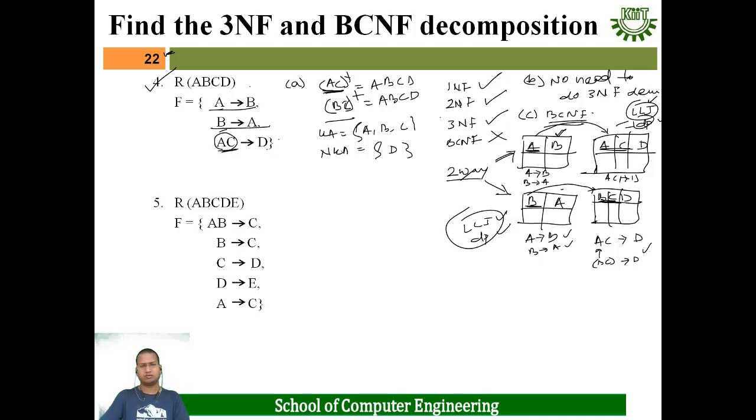First we have to find out the highest normal form in this case. I will take AB closure. AB closure will be your A, B, C, D, E. And here in this case, AB will be a key.